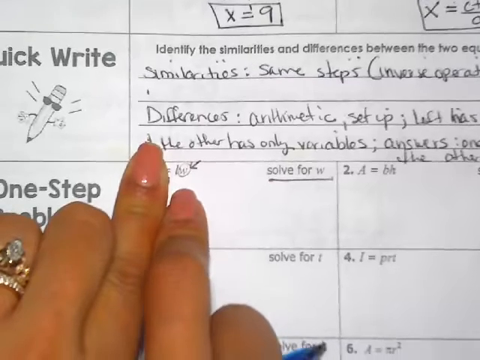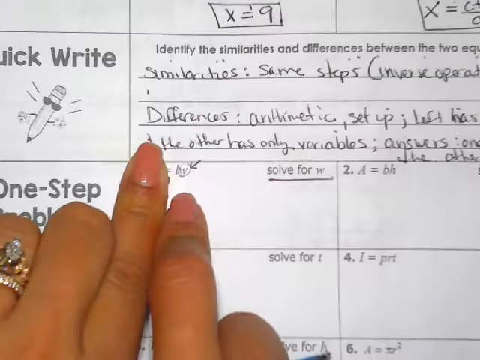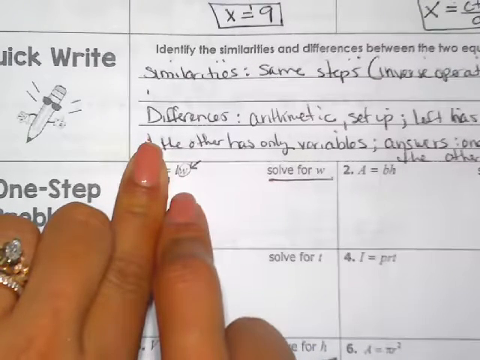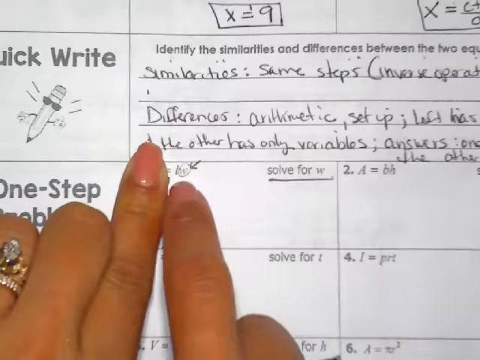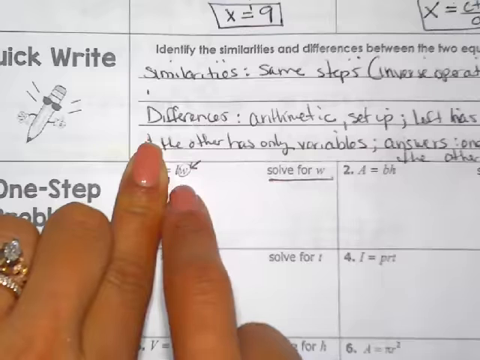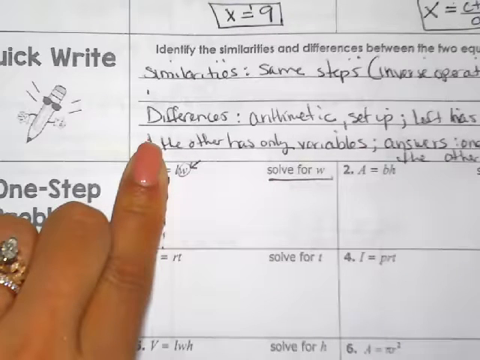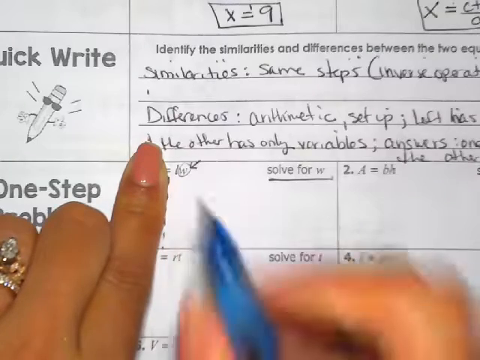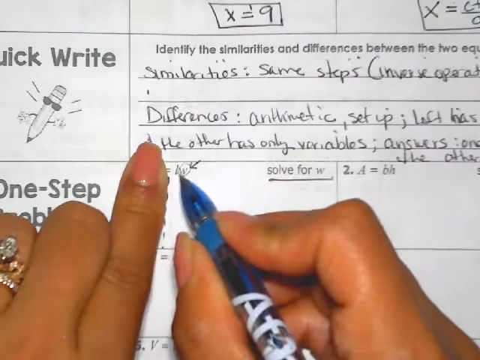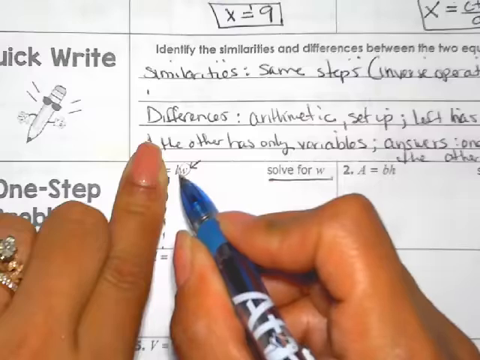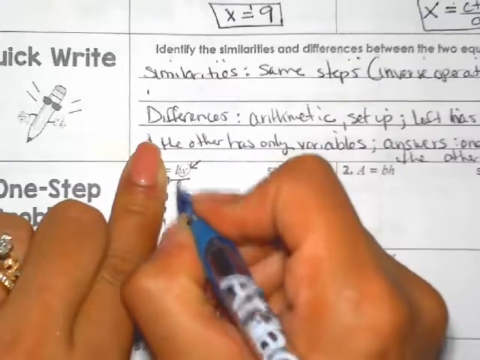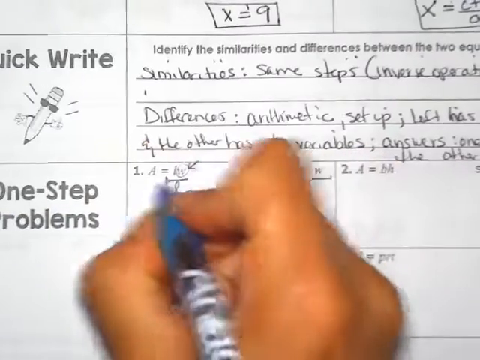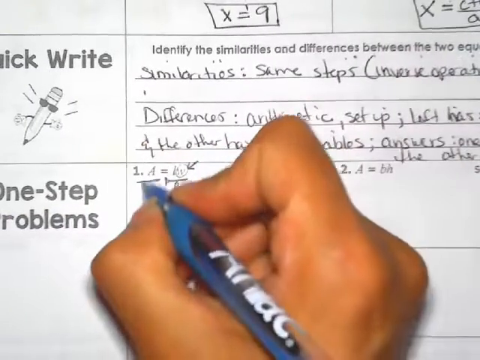Xander, what should I get rid of on this right side? That's an L. So the L, and how do I get rid of that L? What's happening between the L and the W? If they're touching, that is, so to get rid of it, we're going to divide. Very good. And they're touching, they're multiplying, so the opposite of multiplication or the inverse operation is to divide.